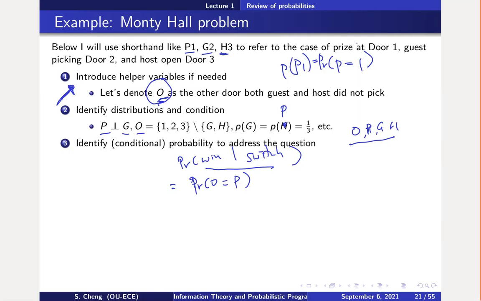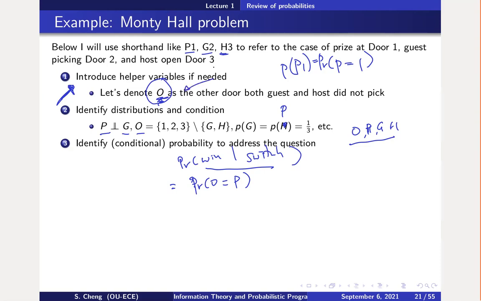this illustrates how you can do that without any assumption at the beginning. So I don't assume that the guest picks any door. I just introduce a variable O, the other door that the guest and host didn't pick. If I switch, then the guest will pick this door.